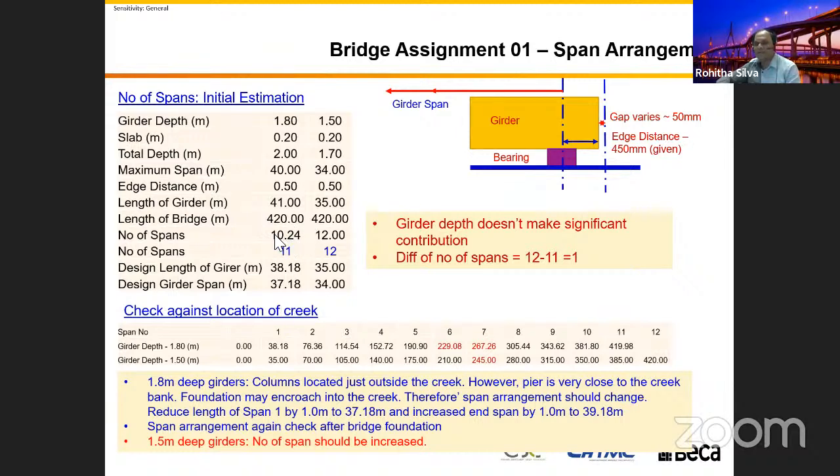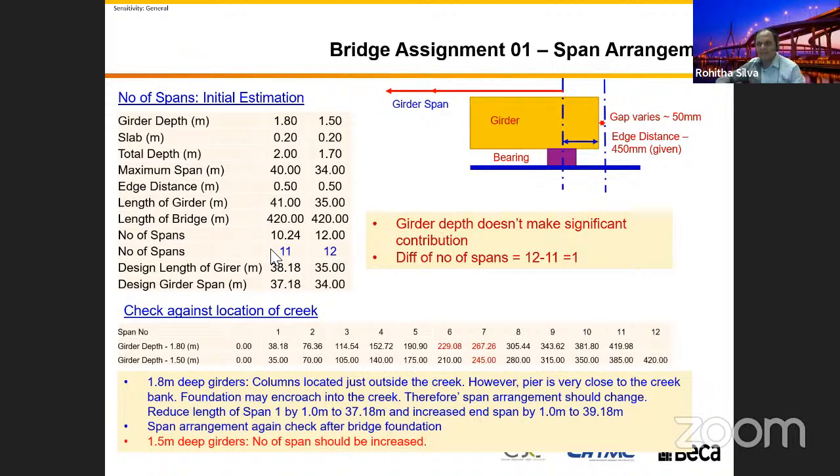Because of 10.24, I can't go to 10 meters. Why? If I go to 10, the number of spans to 10, the span length becomes 42, which is more than my maximum span. Therefore, I need to increase the number to the next number, 11.